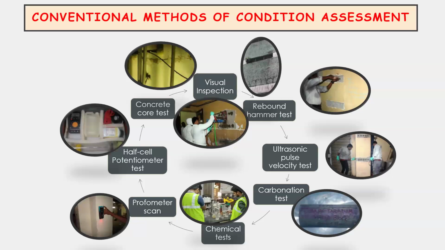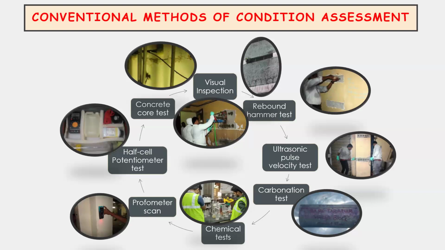And then a chemical test is also carried out to find out the chloride content, sulfate content, and pH of the pore water solution inside the concrete. Profometer scan will reveal the location of reinforcing bars in the existing structure. So these are the various tests we carry out on the existing structures.